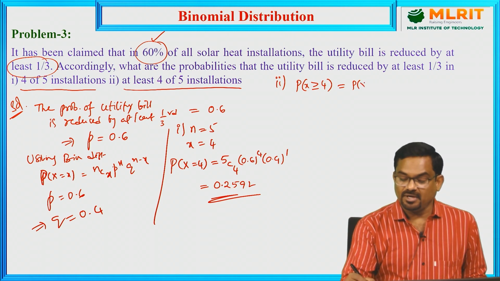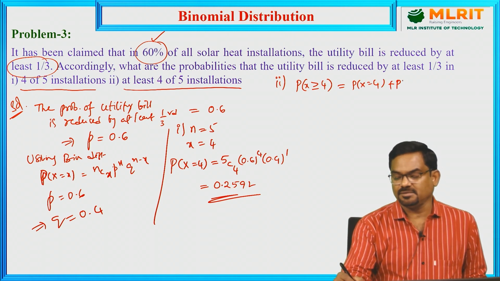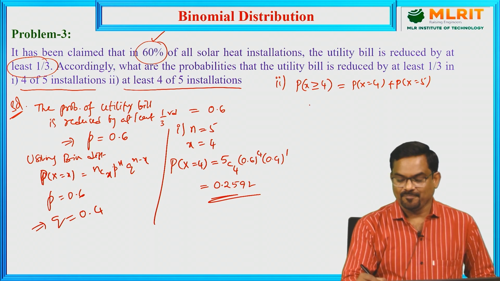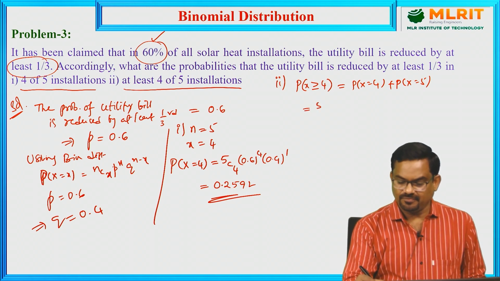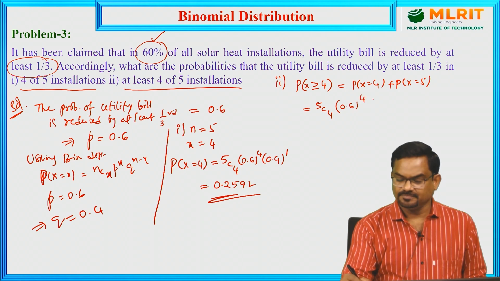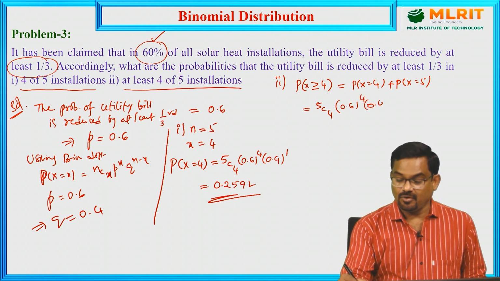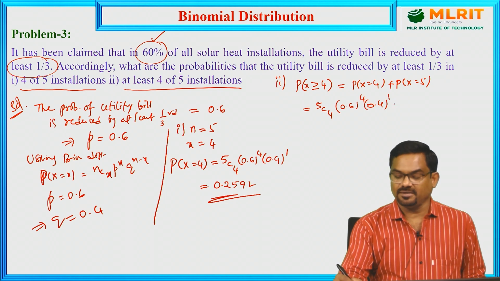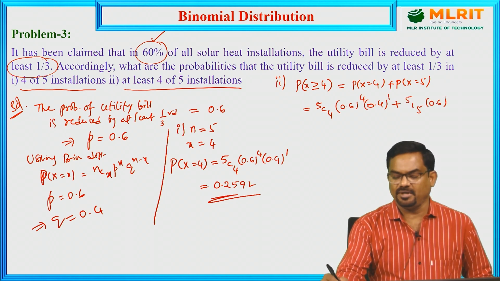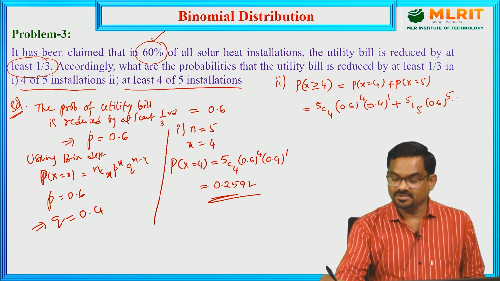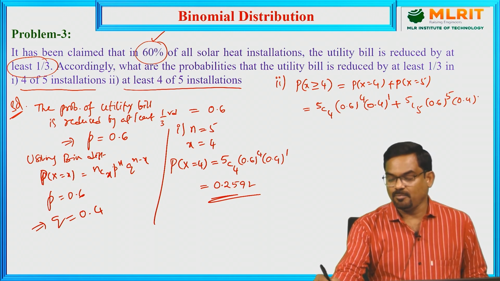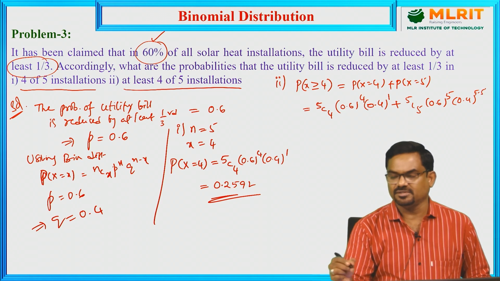So, probability of x equal to 4 plus probability of x equal to 5. For 4 out of 5 installations, 5C4, 0.6^4, 0.4^(5 minus 4), which is 1, plus 5C5, 0.6 is the probability of success, 5 times, 0.4 probability of failure, 5 minus 5, which is 0.